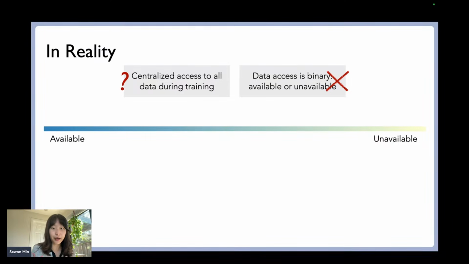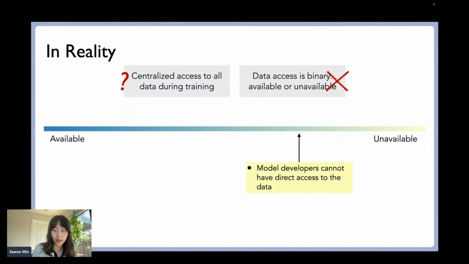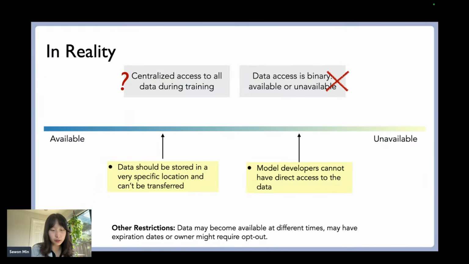For instance, in reality, data access may not be binary. It is rather a spectrum. There could be data that model developers may not have direct access to, although they can potentially use the data. Or there could be restrictions, like data should be stored in a very specific location, like GCP or AWS, and cannot be transferred, in which case pulling all the data together and training one giant model is very difficult.